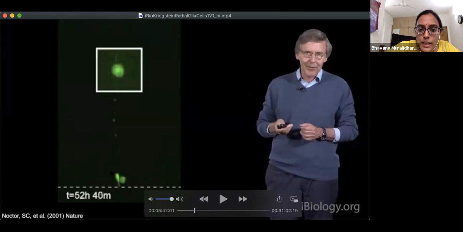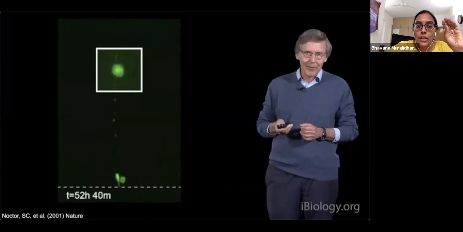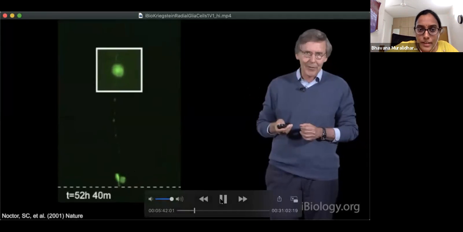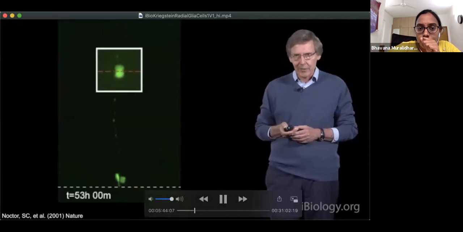Now all this was apical radial glia. Now I want you to focus on this daughter cell, and he's going to tell you what this daughter cell now becomes. That becomes the intermediate or the basal progenitor, actually a different type of progenitor. And so we call those intermediate progenitor cells.